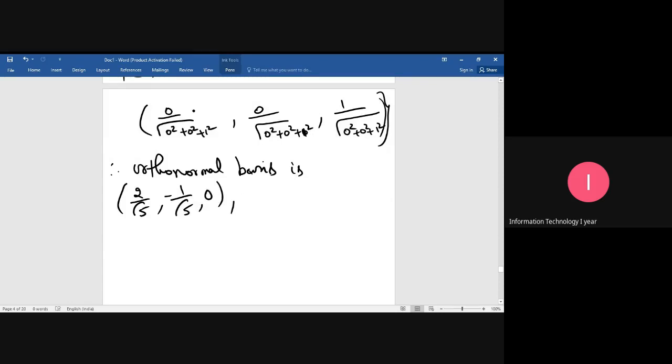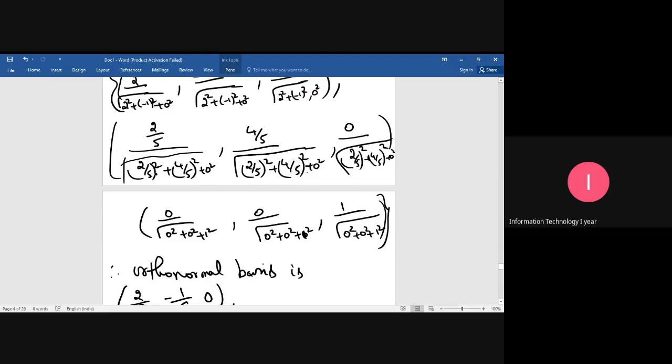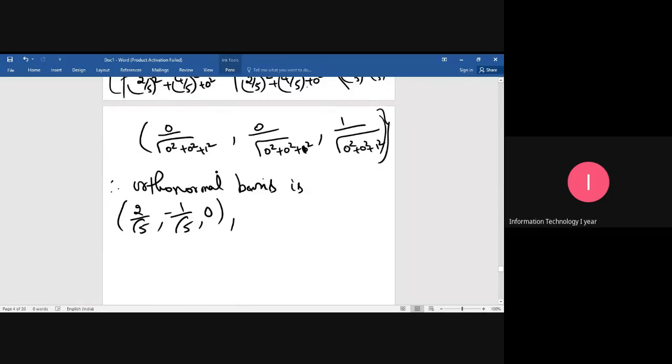Second vector is 2 by 5 divided by square root of 4 by 25 plus 16 by 25. Take it as rough calculation. Square root of 4 by 25 plus 16 by 25, so square root of 4 by 5 will come.